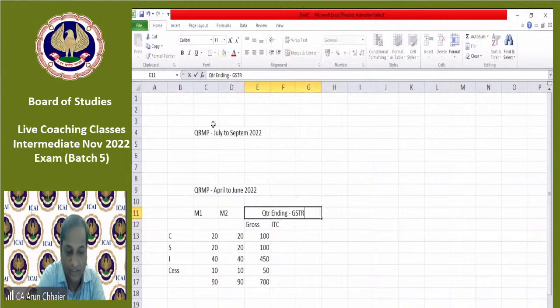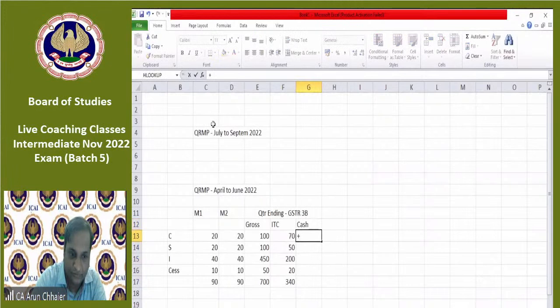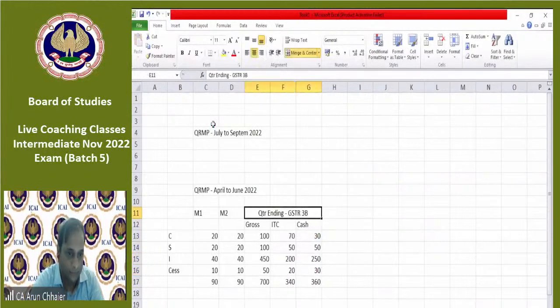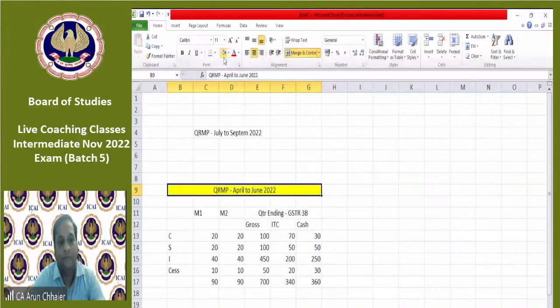I am talking about the GSTR 3B. Suppose there was an ITC of 70, 50, 200, and 20. The balance liability I have paid in cash. This situation which I have explained pertains to the April to June quarter.